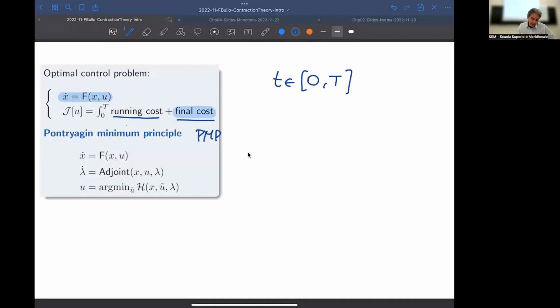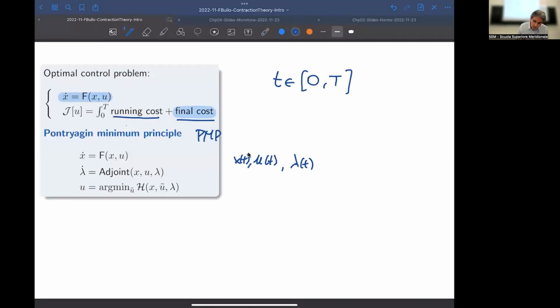It says that the optimal solution to the control problem satisfies three properties at once. If you give me u as a function of time, a triplet, and x as a function of time, there exists also another trajectory, lambda, called the dual or the Lagrange multipliers or the dual variables.